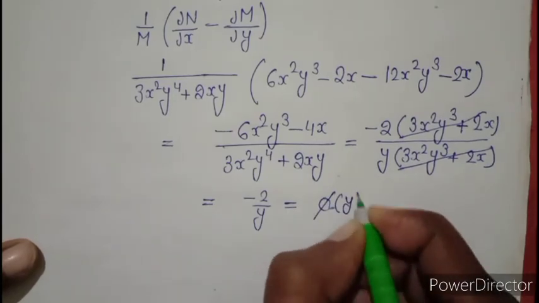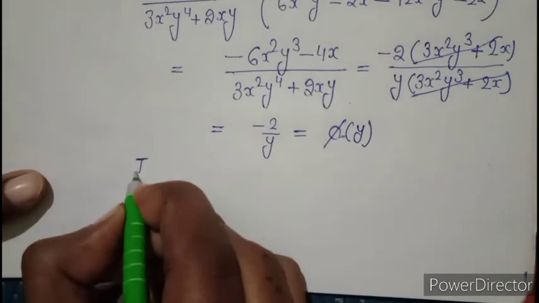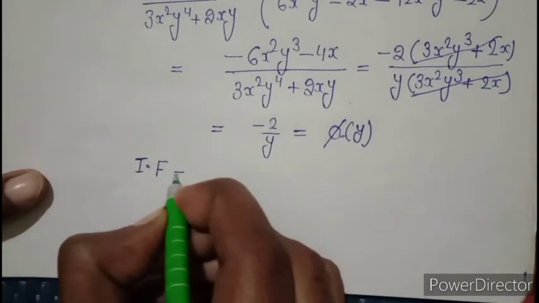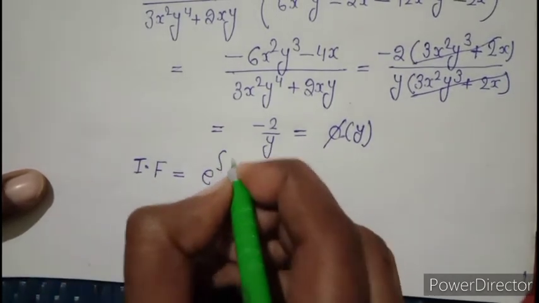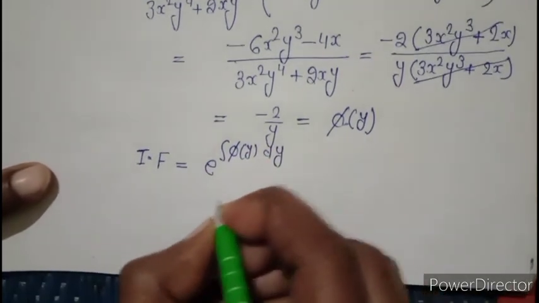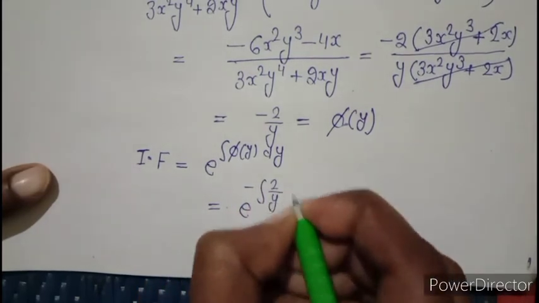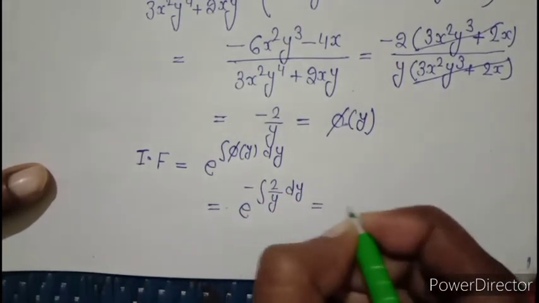Now I can find the value of the integrating factor by rule 4. What was the value of the integrating factor? Integrating factor is equal to e raised to the power integral of φ dy. So I will put it here: e raised to the power integral of minus 2 by y dy. It gives me e raised to the power minus 2 log y.